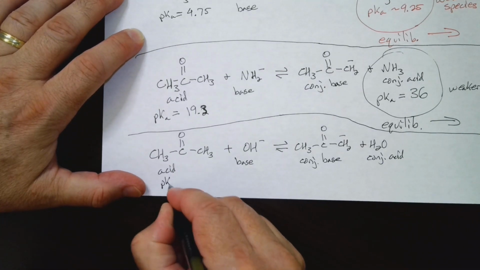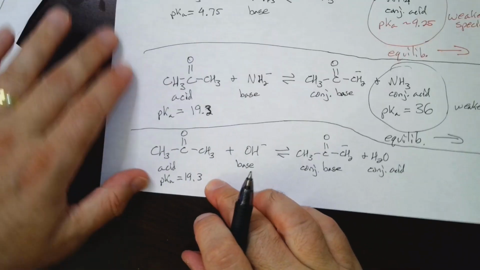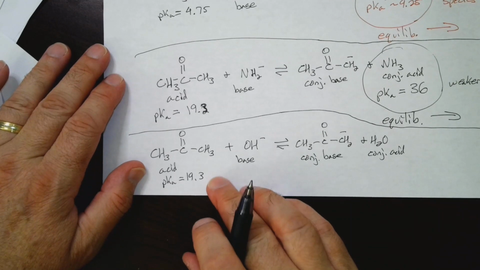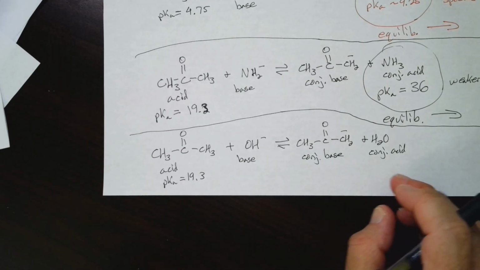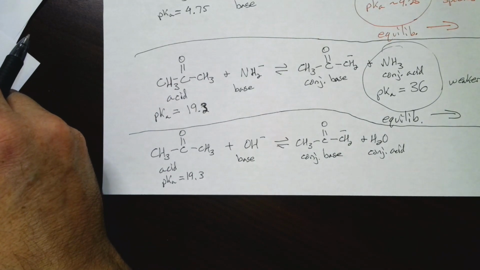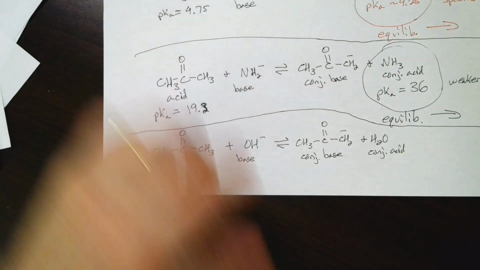So again, my pKa is 19.3 for acetone, and my pKa for the conjugate acid, let me look it up here, and of course they don't have it listed in the table here. It's actually 14.